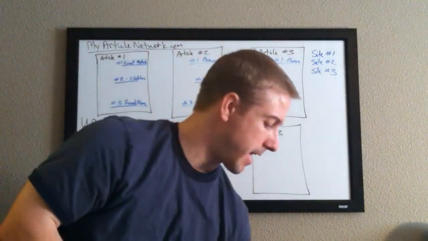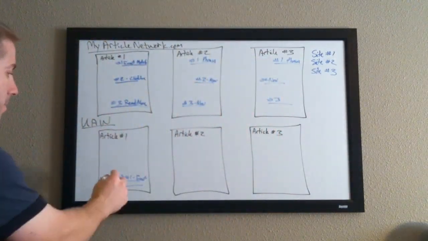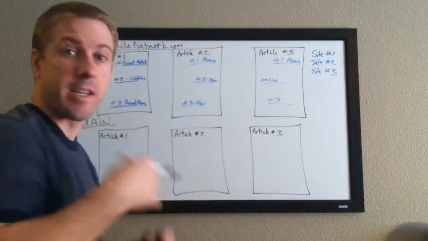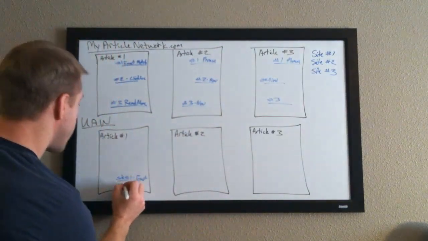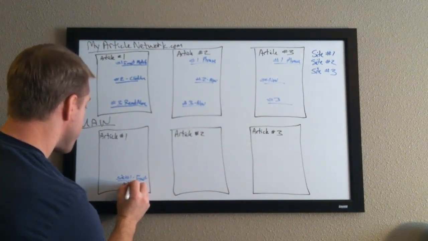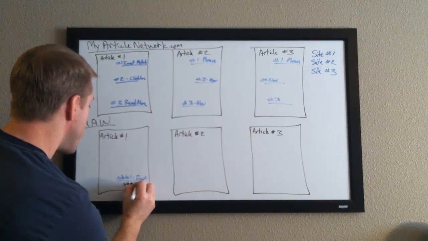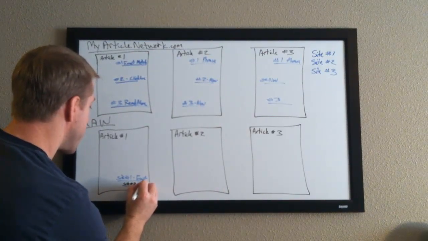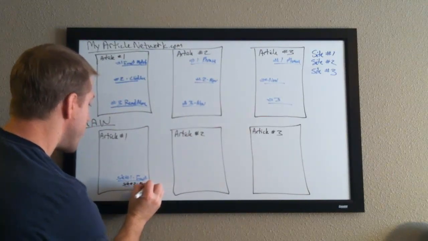I'm going to grab a different pen here. So your first link does get the exact keyword anchor text. And then down here is site number 2 with, again, just a non-keyword related anchor.